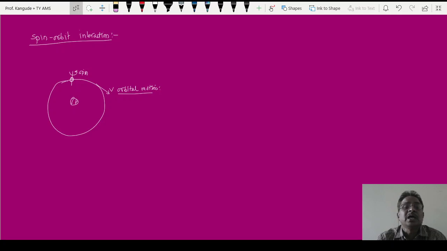So spin motion and orbit motion give rise to certain magnetic moments, and whenever there are two magnetic fields having different directions, they are supposed to have certain interaction, and because of this interaction, the energy values of particular energy states go on changing, and this change contributes to the fine structure in any one valence electron system.